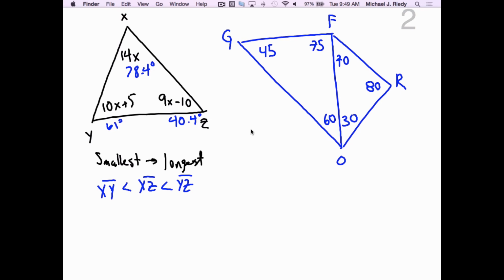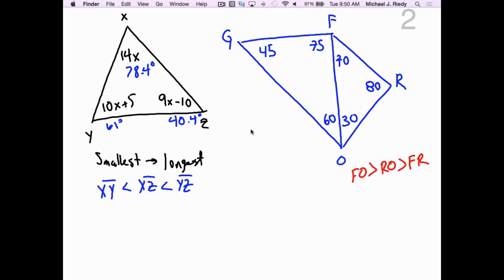There is a more concrete way that we can do that. Let's start with this triangle on the right. List the sides from biggest to smallest in that triangle. FO is bigger than RO is bigger than FR. Okay, we good? List the sides from biggest to smallest in the left triangle.